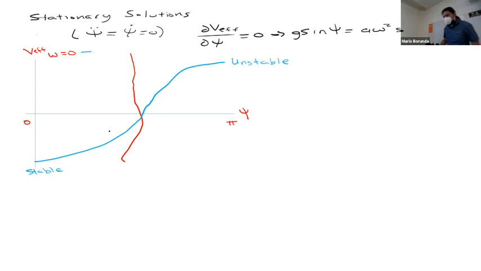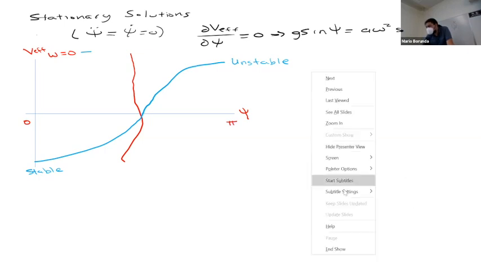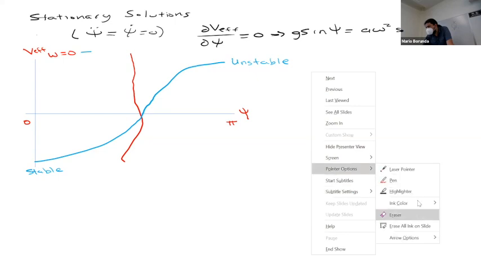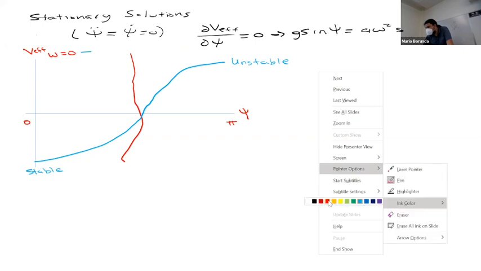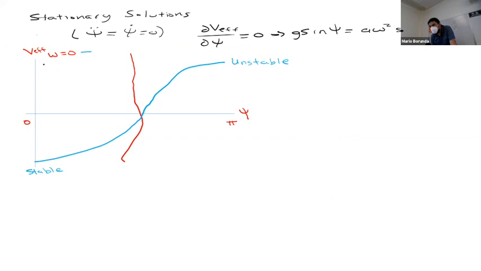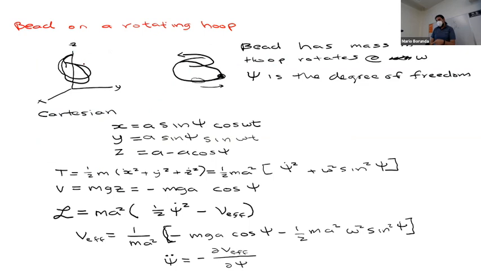All right, so now what happens if we increase our omega? So omega is not going to be 0. It's higher than 0. But I'm going to put a limit on this: omega squared is going to be smaller than g over a. Here's again the potential, and g over a is just the constants that you see there, right?